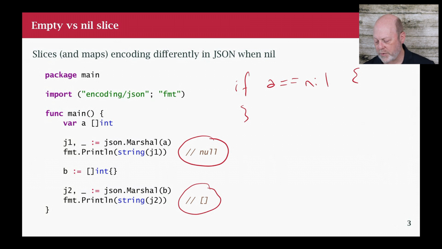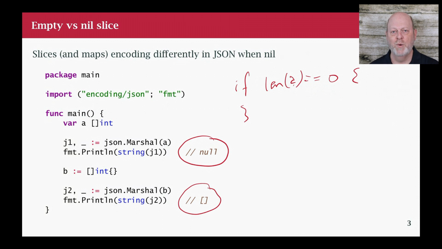And so the right way to do this is actually to ask, is the length of A equal to 0? Okay? Because that's what we really want to know. Is the slice empty or not? And the length is 0 if it's nil, and the length is 0 if it's empty. And so this case covers both properly.